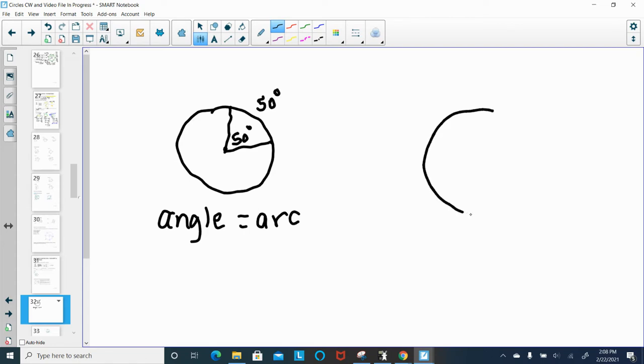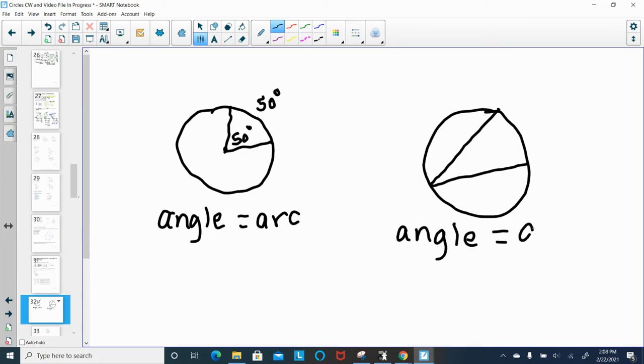And we've talked about inscribed angles, where the vertex is on the edge of the circle and the angle is equal to half of the arc. So if the arc is 50, then the angle is half of that, or 25.